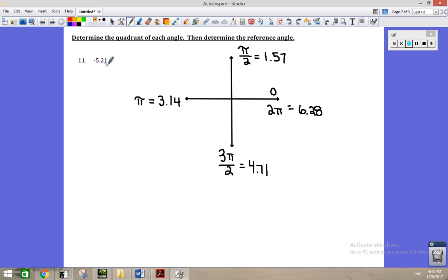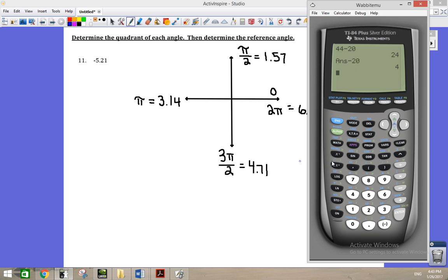Negative 5.21 is going in the clockwise direction, and I need to add a complete revolution. I need to add 2 pi to this and get a decimal number that's between 0 and 6.28. So rather than adding 6.28, I'm going to be a little bit more exact and add 2 pi, since the calculator knows what pi is.